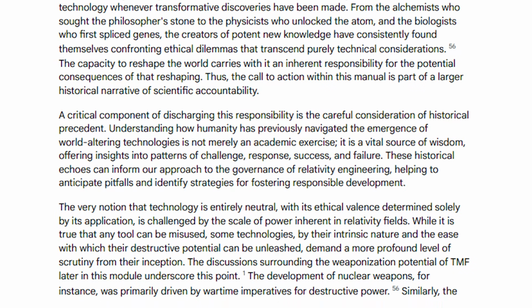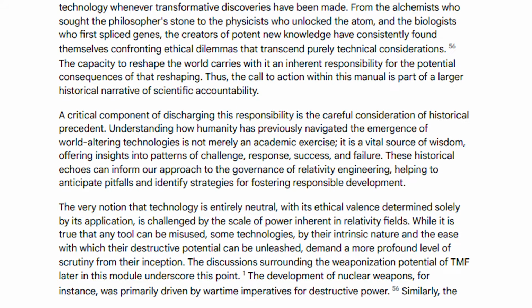From the alchemists who sought the philosopher's stone, to the physicists who unlocked the atom, and the biologists who first spliced genes, the creators of potent new knowledge have consistently found themselves confronting ethical dilemmas that transcend purely technical considerations. The capacity to reshape the world carries with it an inherent responsibility for the potential consequences of that reshaping. Thus, the call to action within this manual is part of a larger historical narrative of scientific accountability.